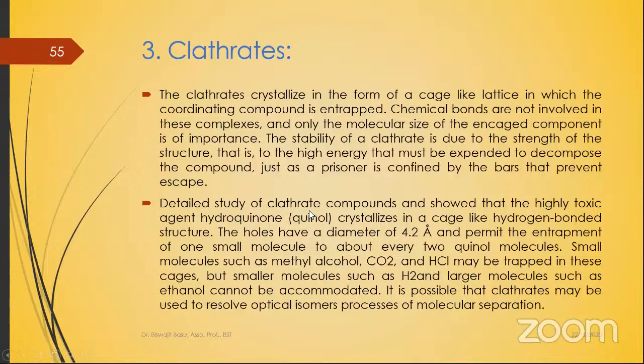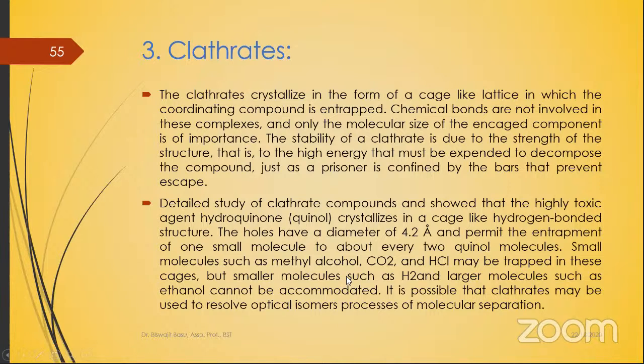Detailed study of clathrate compounds showed that the highly toxic agent hydroquinone crystallizes in a cage-like hydrogen bonded structure. The holes have a diameter of 4.2 angstrom, and it permits the entrapment of one small molecule to about every 2 quinol molecules.